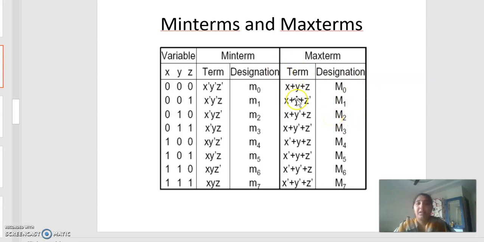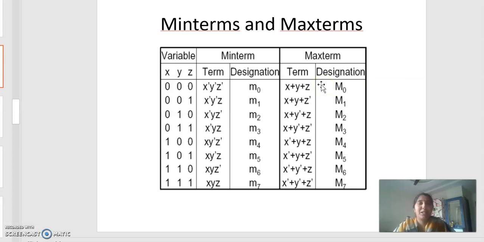Maxterms are always called sum terms, or OR terms, right? And always the output of the OR term, or the output of the sum term, must be equal to 0. So we should consider the variables such that the sum term output will be equal to 0.